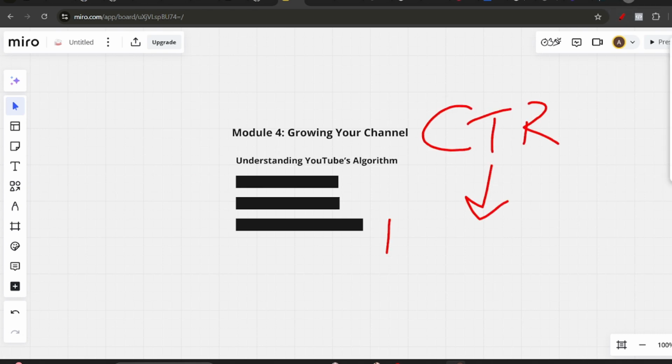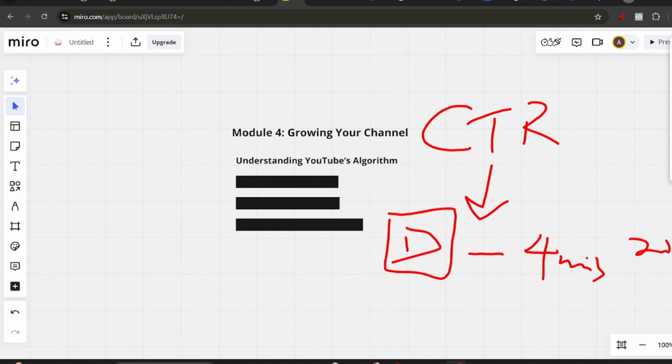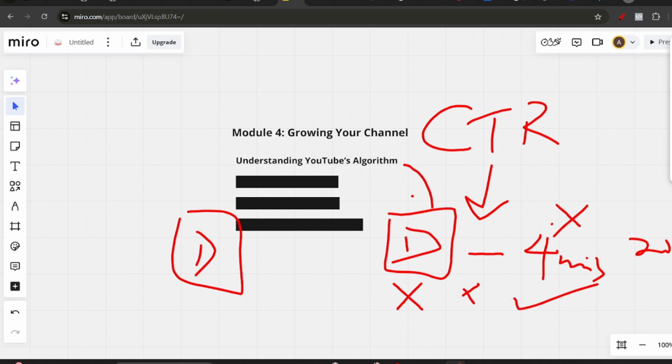What this means: if somebody sees your video, clicks on it, and watches it for only 4 minutes, and your video is 20 minutes, and then closes your video and goes to another video or exits the app, what Anne has done to your video is show that she's not interested in this video or not too interested. That's why she left. Now the algorithm is watching all of this, watching, okay, this person watched and left.